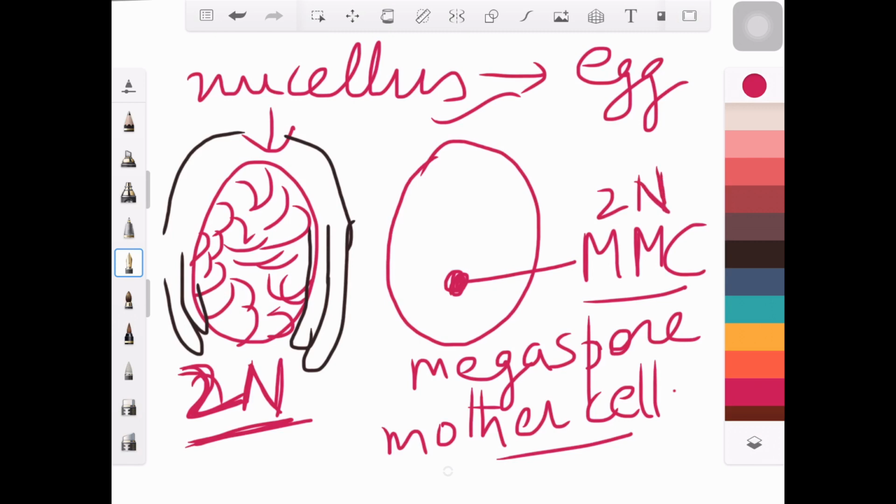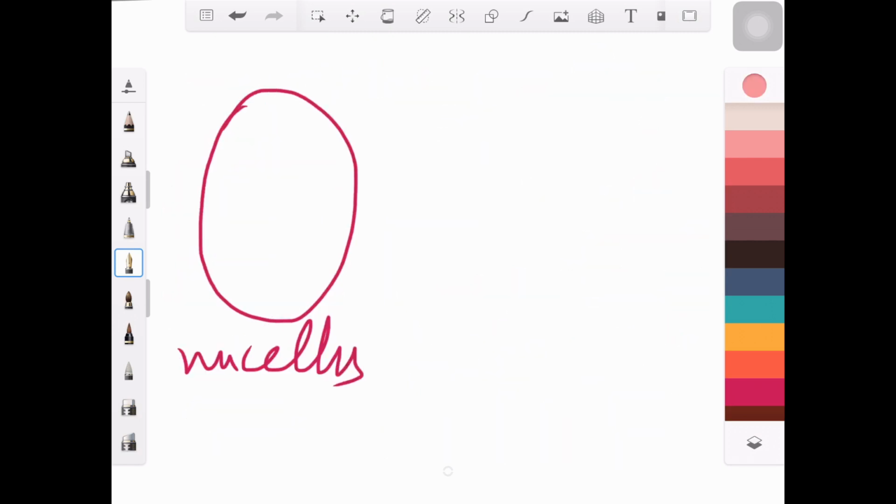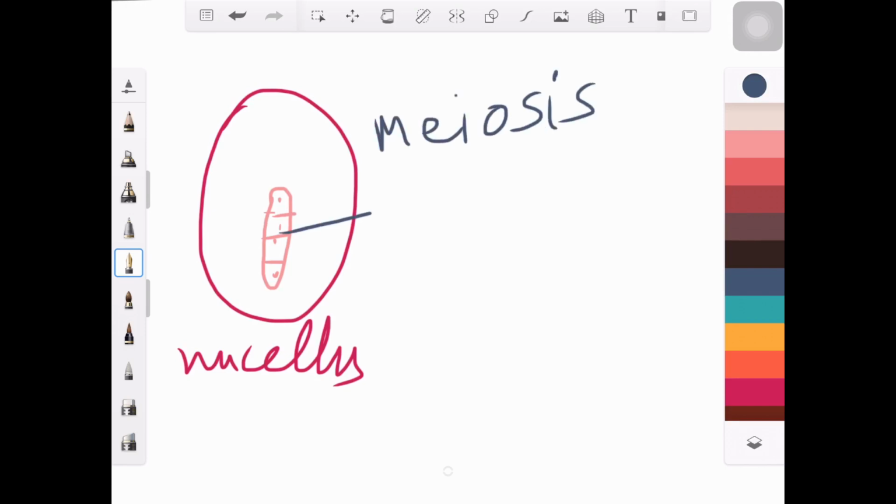It is only the 2n cell lying over here. It multiplied and gave rise to 4 cells. So what kind of division could it have been where 4 daughter cells have been produced? Yes, we are talking of meiosis. Meiosis has occurred and 4 daughter cells are produced, which are again all 1n in nature now, haploid in nature.